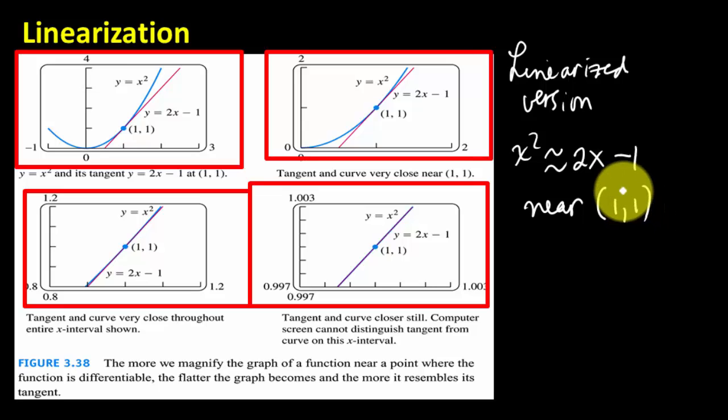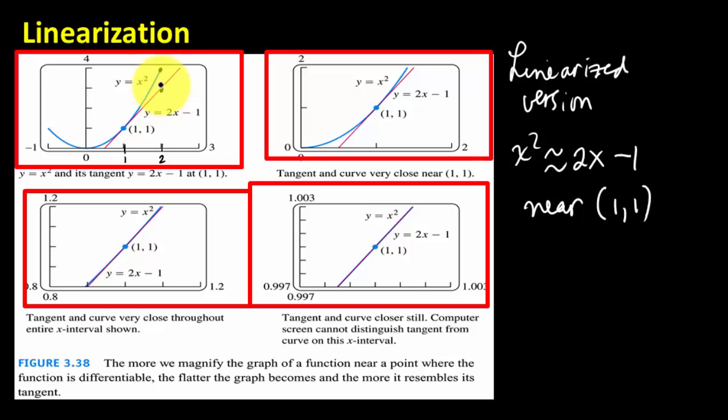Because, look, you can't use the same tangent line if we want to approximate, say, when x is equal to 2. Gosh, see how far apart they are. So if this is 1, that's 2, and if you want to approximate the square of 2, and that's what you get, it's very far from 4.